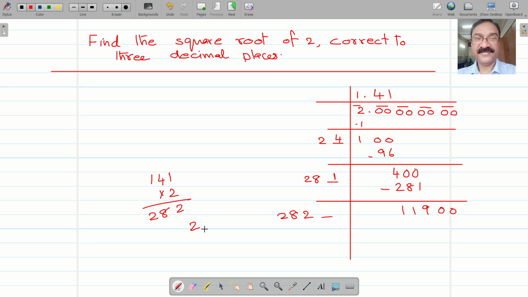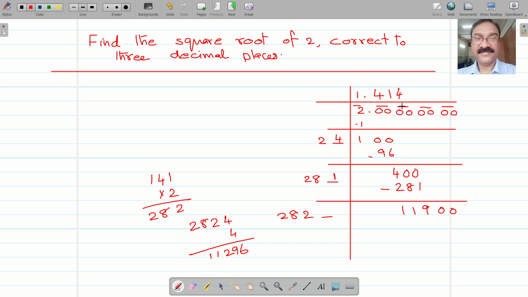So 2824 multiplied by 4 will be 11,296. That's the number I have to write here.